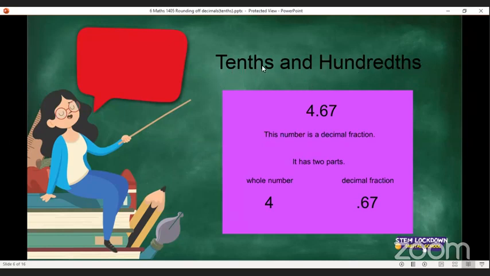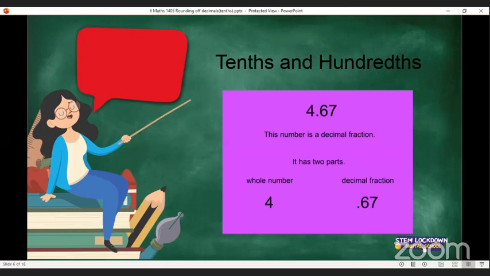Any number before the point is tens and hundreds, but after the decimal point, it's tenths and hundredths, right? I hope you are taking note of that.